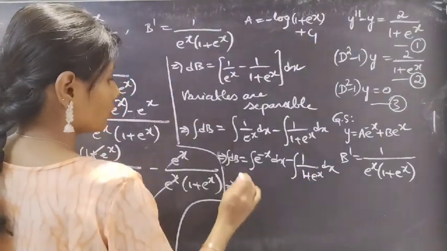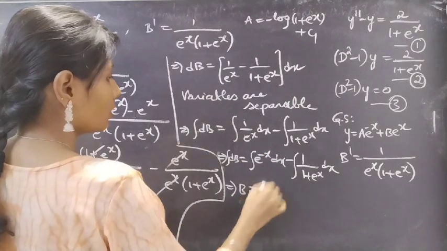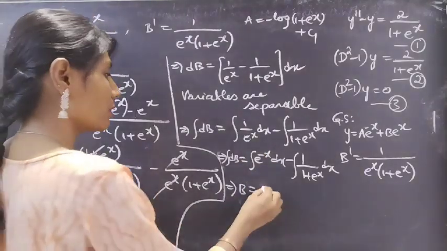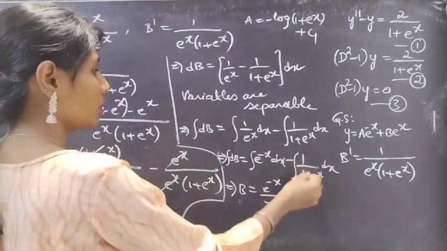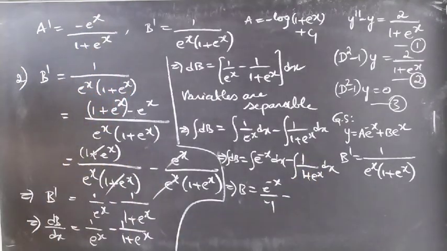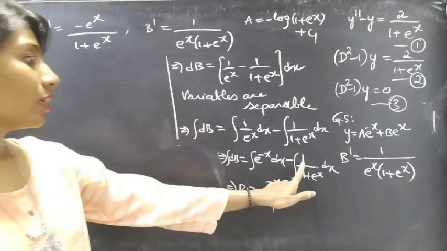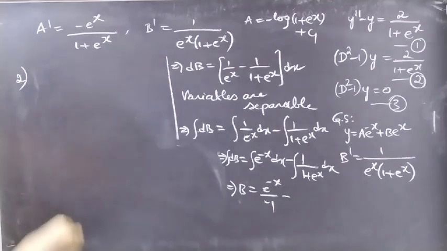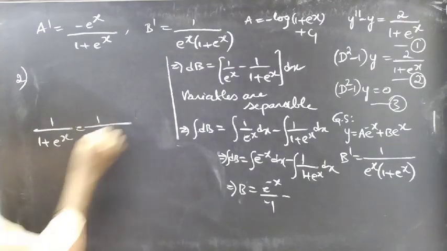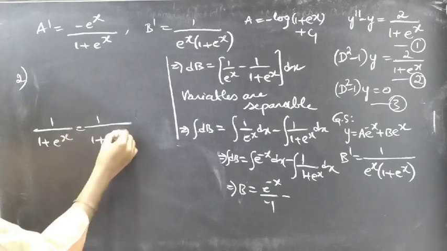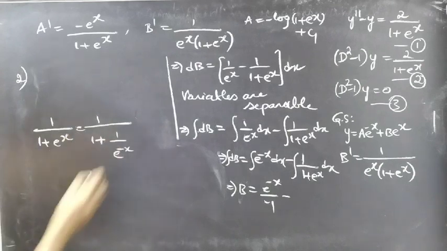Okay, so we'll get integral dv as b equal to integral e power minus x dx is e power minus x by minus 1 minus integral 1 by 1 plus e power x. See, here we are having 1 by 1 plus e power x, right? Just consider it. We can write e power x as 1 by e power minus x, right?